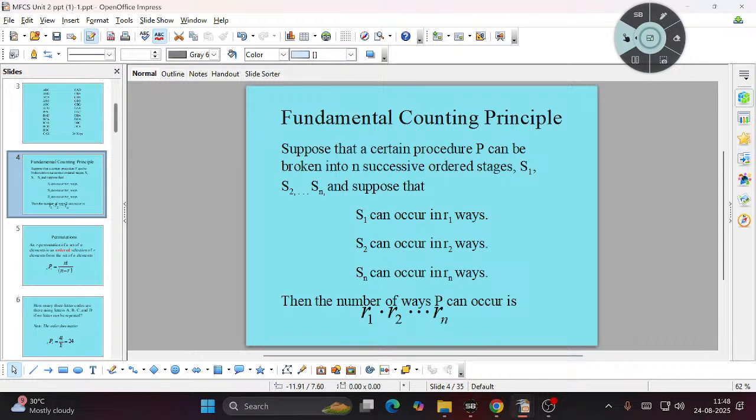S1 occurs in R1 ways, S2 occurs in R2 ways, and so on. Sn occurs in Rn ways.